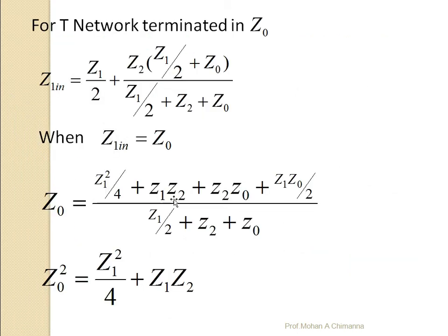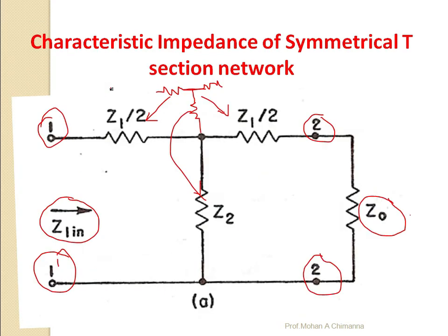So for the T network, our aim is to find out the input impedance and the output impedance. Here the input impedance has to be calculated as Z1 by 2 plus. So how will it be found? See here, we are looking at the input side. Once we look at the input side, this resistance is connected in series with the parallel combination of these both.